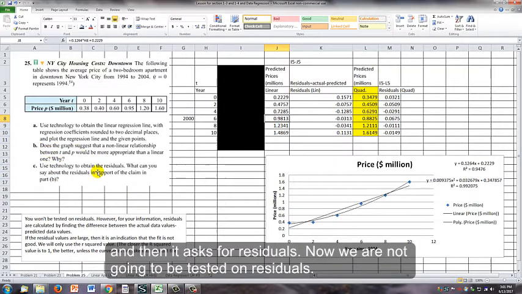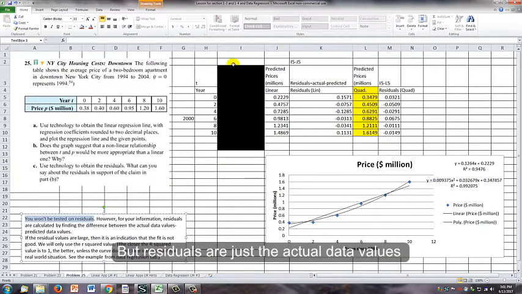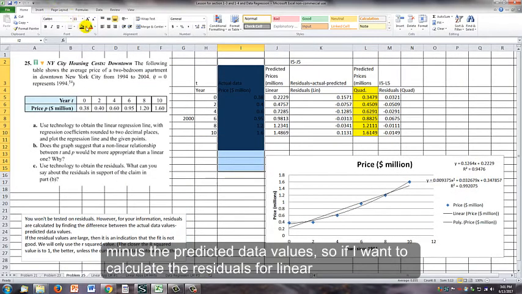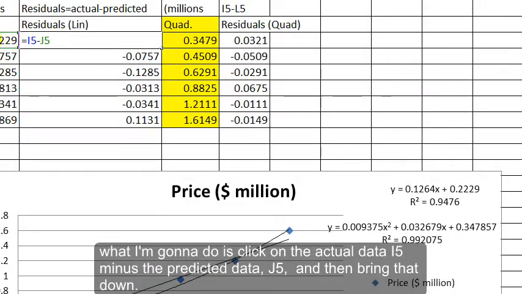And then it asks for residuals. Now, we're not going to be tested on residuals, but residuals are just the actual data values minus the predicted data values. So if I want to calculate the residuals for linear, I'm going to click on the actual data, I5, minus the predicted data, J5, and then bring that down.